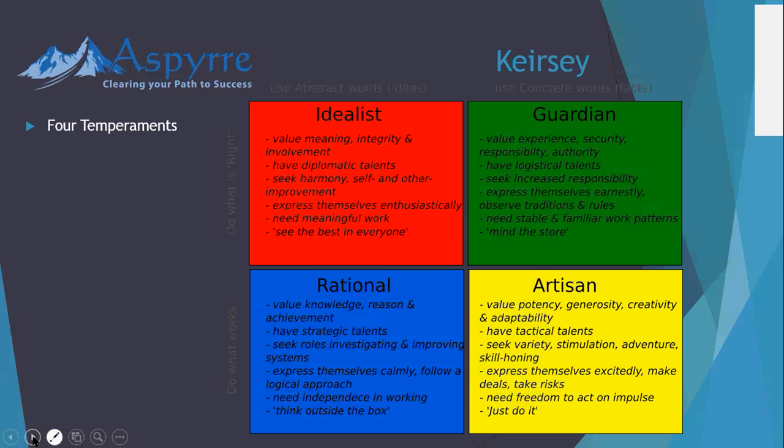So I have a very clear map as to how the Myers-Briggs letters map to these 4 temperaments. But Kiersey was very clear when he did this, is that there really are only 4 temperaments, and the Kiersey test that you take is very different from the test you take to get your Myers-Briggs score. So you could take the Myers-Briggs and you could take the Kiersey, and you could get 2 completely, well, maybe not completely different, but you could get 2 different scores.